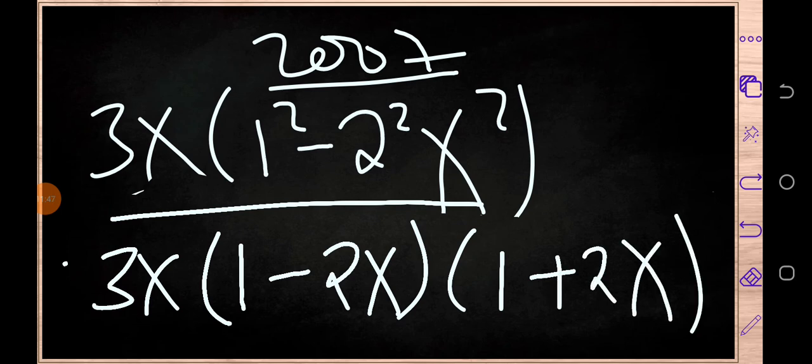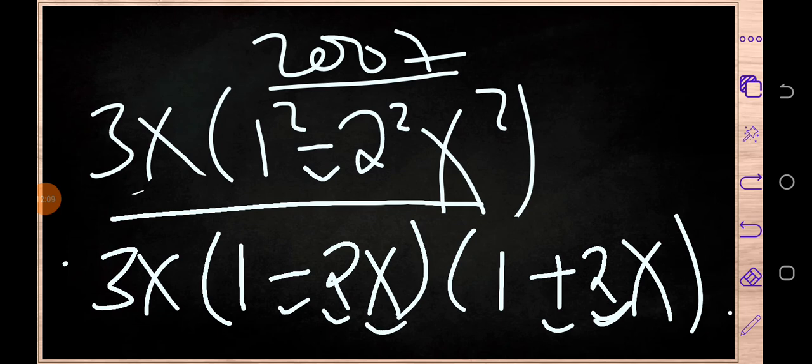2x. Okay. So if you multiply 1 times 1, the answer is 1 squared. Then this negative times this positive, the answer is negative. Then this 2 multiplied with this 2, the answer is 2 squared.